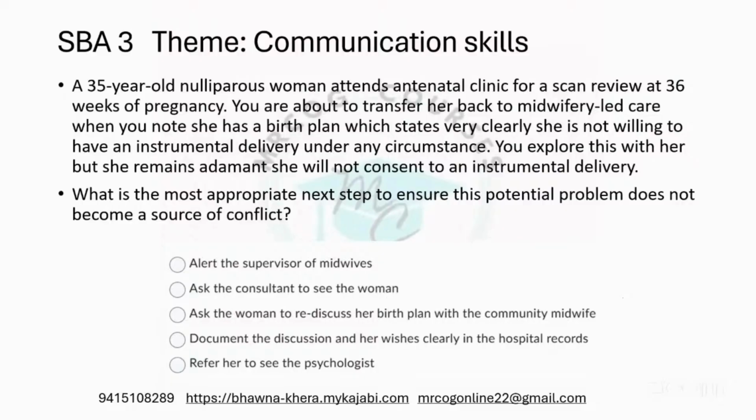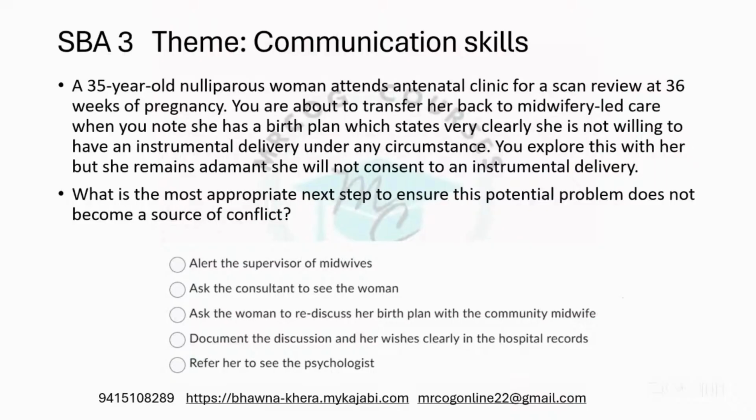You are about to transfer her back to midwifery-led care when you note that she has a birth plan which states very clearly she is not willing to have an instrumental delivery under any circumstance. You explore this with her, but she remains adamant she will not consent to the instrumental delivery. What is the most appropriate next step to ensure this potential problem does not become a source of conflict?